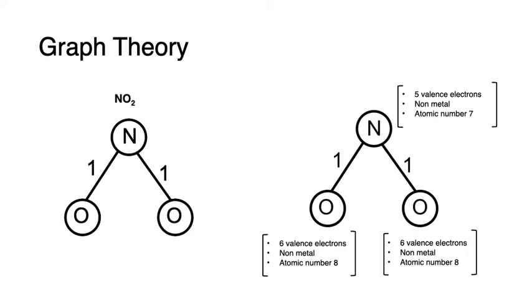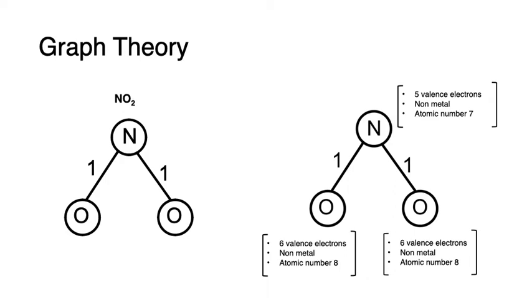So let's see an example of a graph. The figure on the left side shows the graph of a molecule, nitrogen dioxide, NO2. It consists of three nodes or vertices and two edges connecting these vertices. Here nodes represent atoms and the edges represent bonds. So the nodes and edges can be labeled.